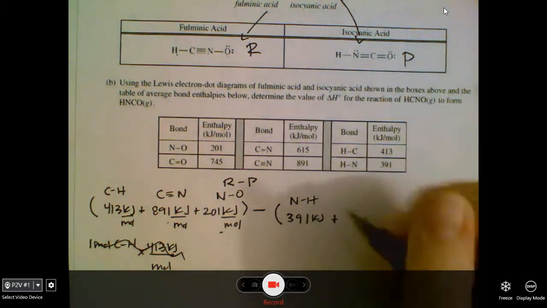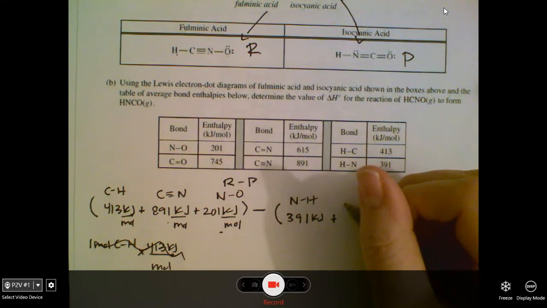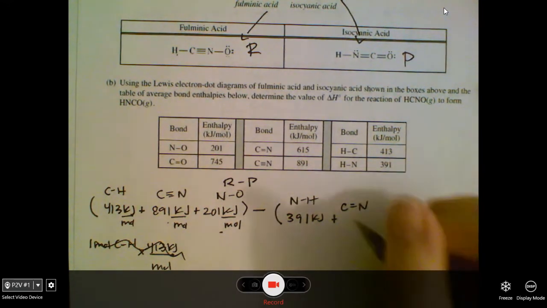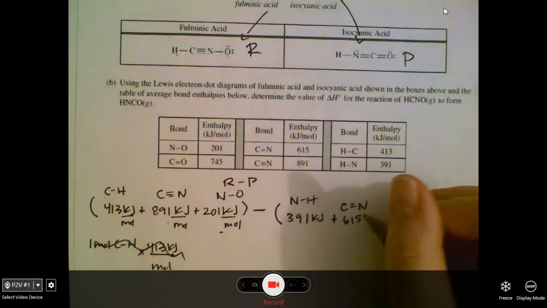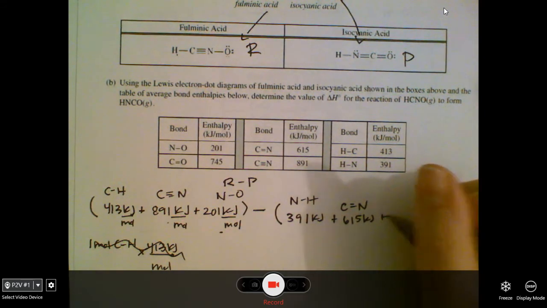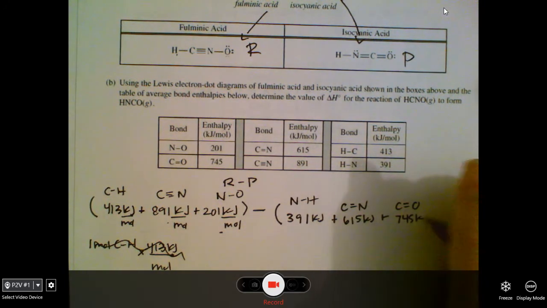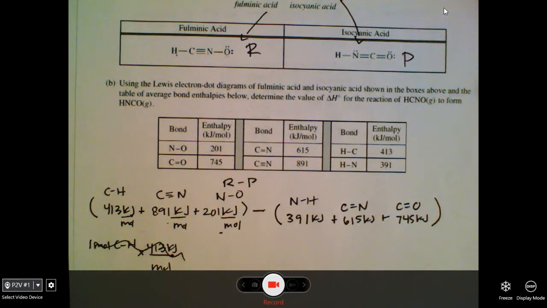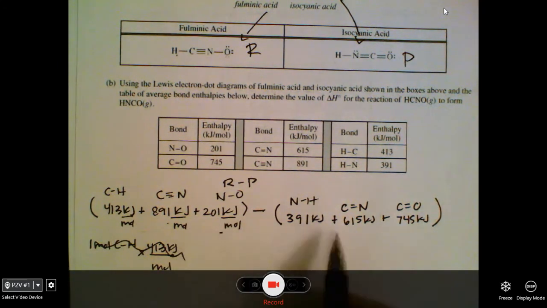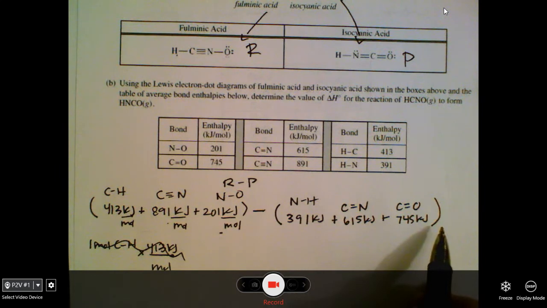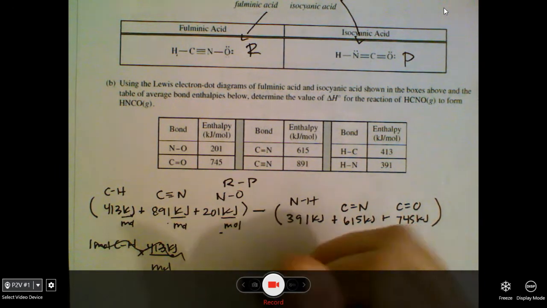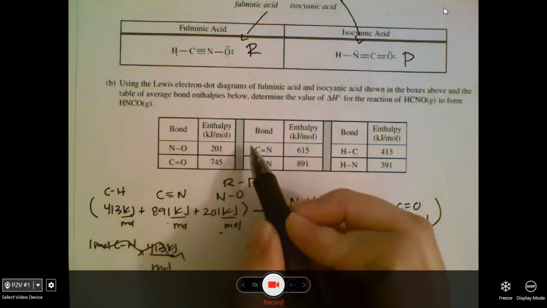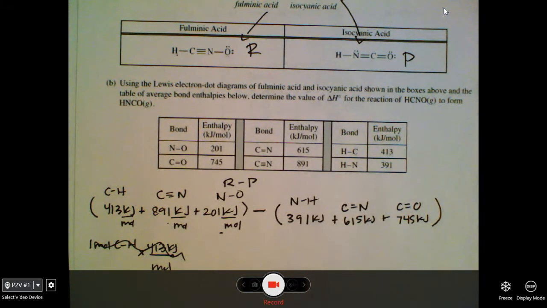Then I'm making a C to N triple bond, or I'm sorry, double bond, and that's going to give me back another 615 kilojoules. And then I get back a mole of the C to O double bond, and that's going to be 745 kilojoules. This is all the energy I put in, and this is all the energy I get back out. If you think about our graph, this is the rise, and this is the fall.